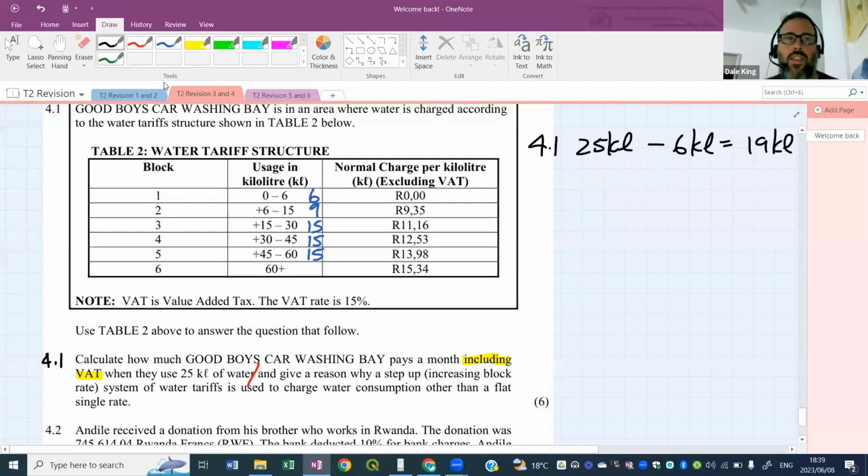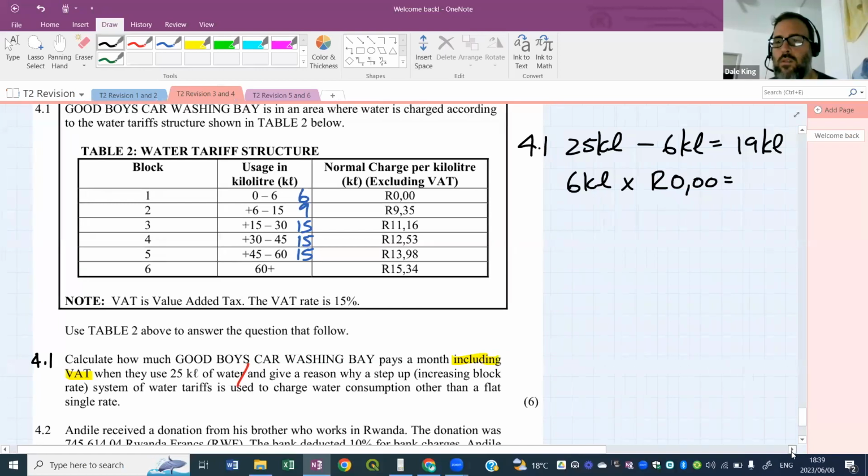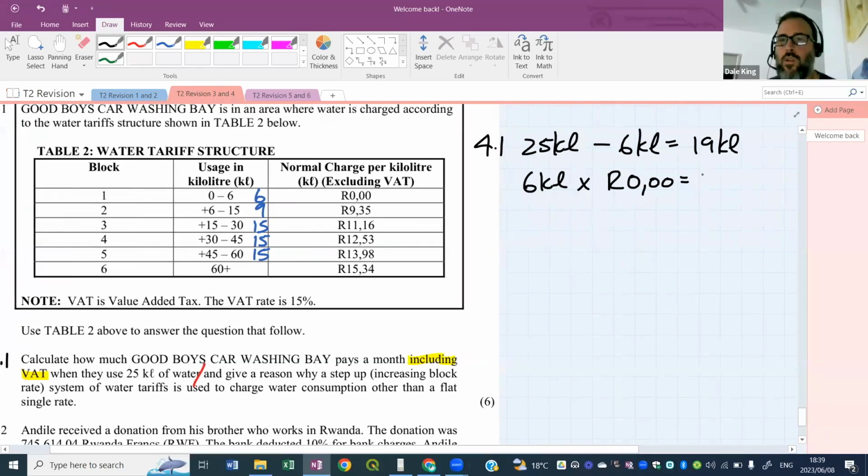Those first 6 must get charged at its rate, which in this case, luckily, is 0, which means it's not going to cost anything. But I'll write it there anyway. How many kiloliters of water do we still have left? We still got 19 left. We still got to work with 19 now.